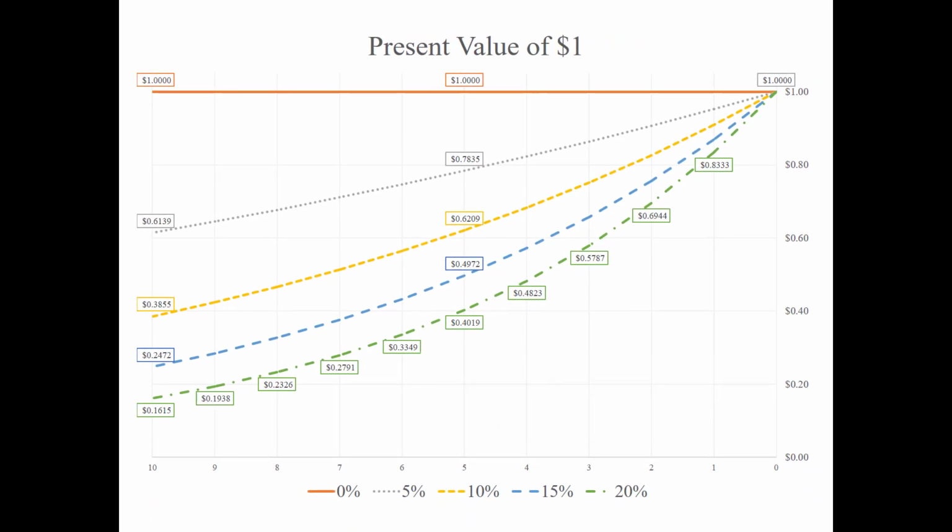In this graph, we can see that if we hold our interest rate constant, in other words, if we use only 20%, as we increase our t, the present value falls. And the other relationship, if we hold our t constant, maybe at 5 years, we'll find out that as we increase our r, the present value falls.